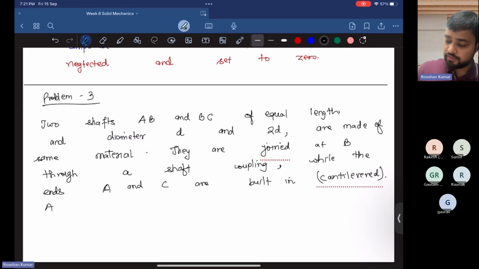A twisting moment T is applied to the coupling.